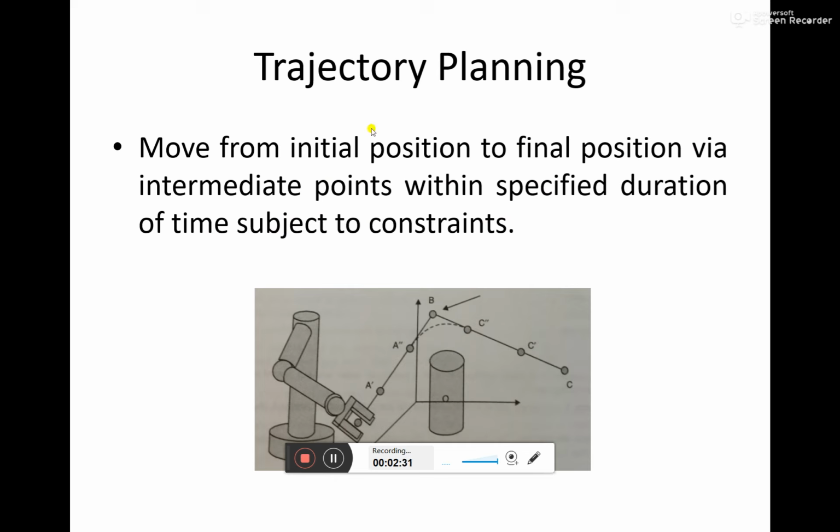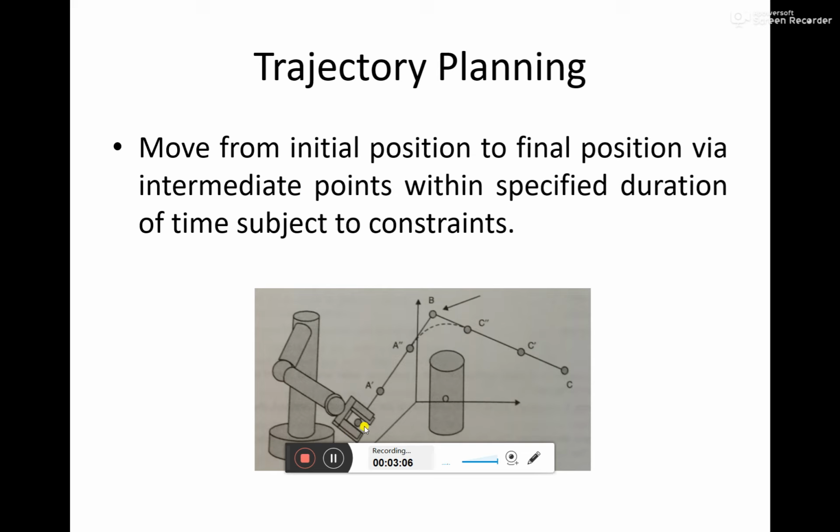So in trajectory planning, we are moving the robotic arm from one position to another, from the initial position to the final position via intermediate points within a specified duration and with certain constraints. For example, in this particular diagram, the manipulator is like a two finger mechanical gripper.